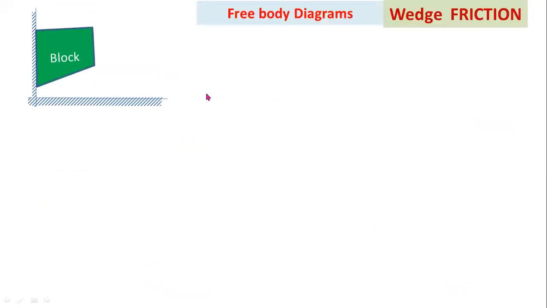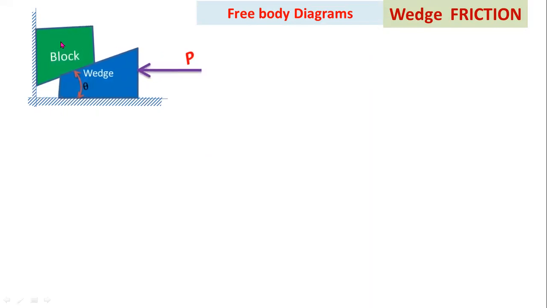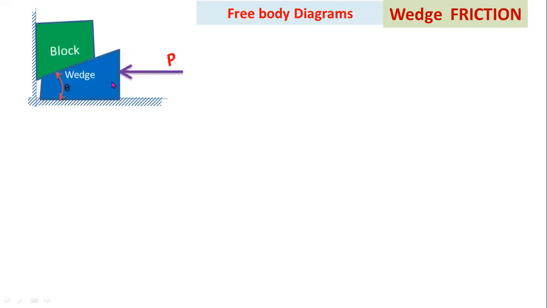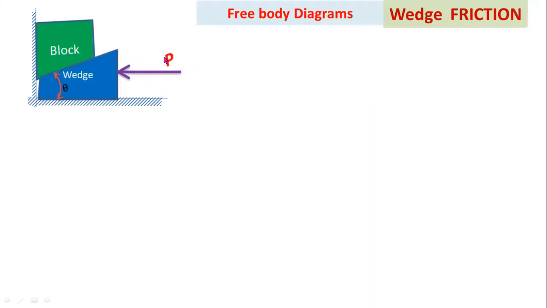Now this is a wedge friction free body diagram. Here you can observe this is a block or load, and this one is a wedge. The angle of this wedge is theta. The horizontal force is applied to the wedge.